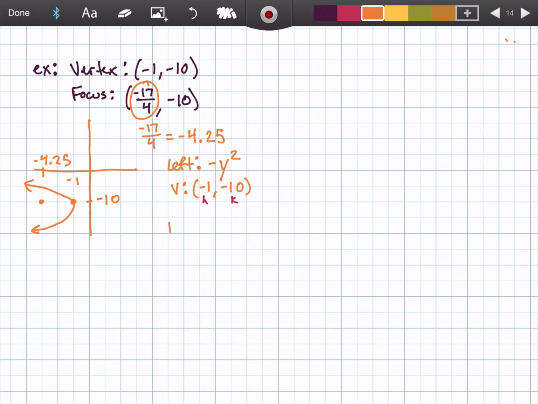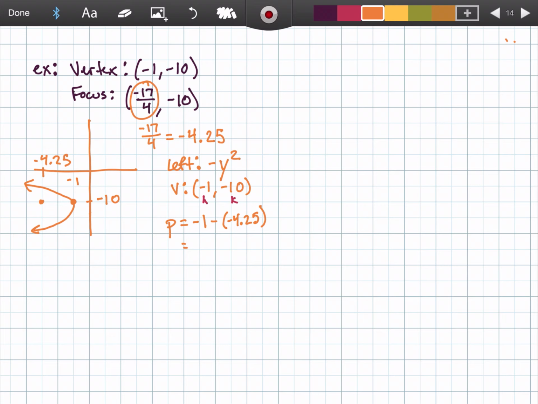Okay, p is the distance to get from the vertex to the focus. So how far is it to get from -1 to -4.25? Well, we can find distance through subtraction: -1 minus -4.25 will tell me how far it is between them.